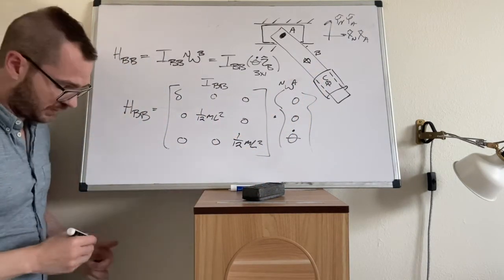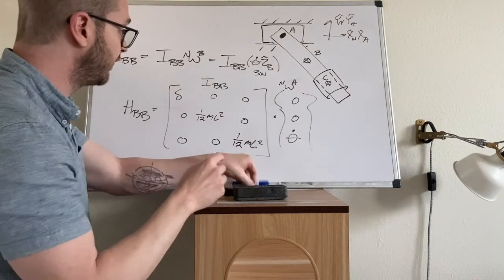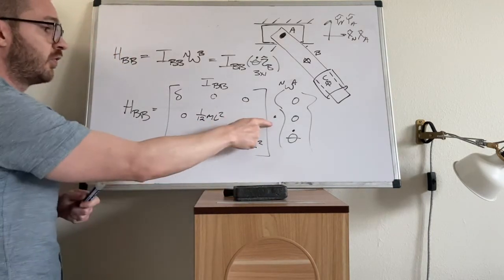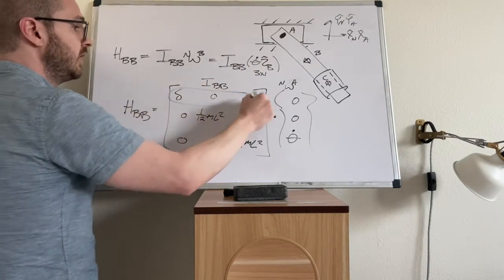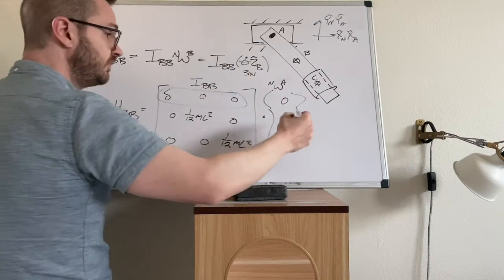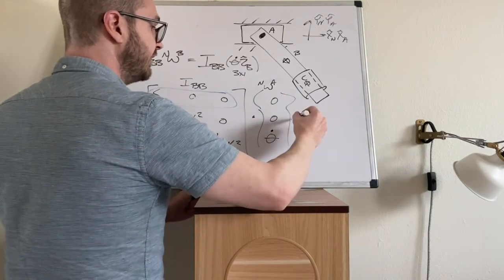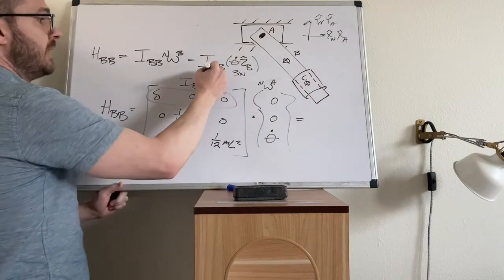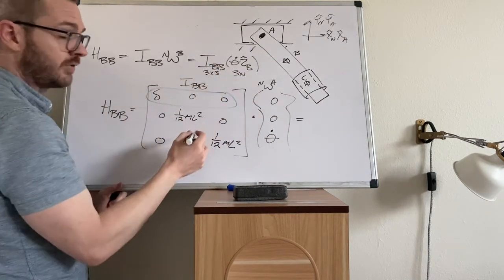And if you are a bit rusty on your linear algebra, or if you haven't studied it before, the way you perform this multiplication is you take your first row and you multiply by the column, and that's going to equal the first entry of the answer. Now, IBB has dimensions 3 by 3, and then we're multiplying by a vector 3 by 1.